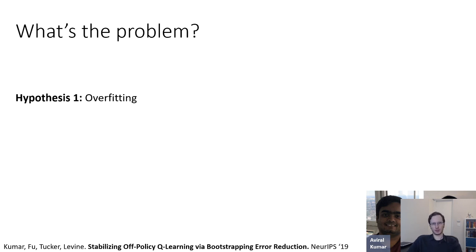One hypothesis we had was maybe there's some kind of overfitting effect. Maybe when you train on offline data, if you train too long, you sort of overfit to that data and you start seeing bad performance. But if it was an overfitting effect, then what we would expect is that increasing the dataset size should decrease the problem.